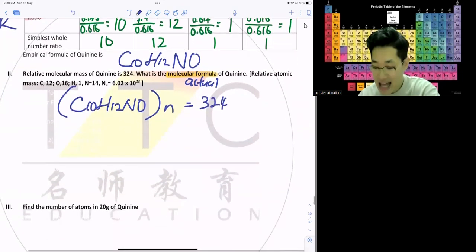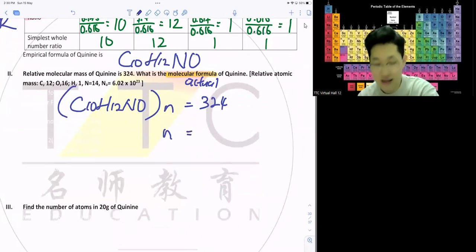Please find the n and sub the n into the formula to get back the actual formula before simplifying.